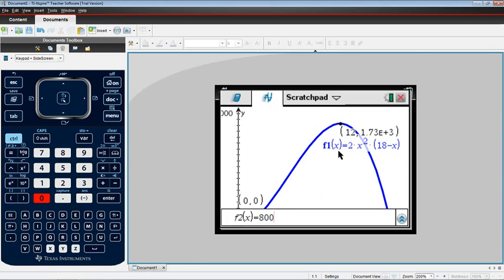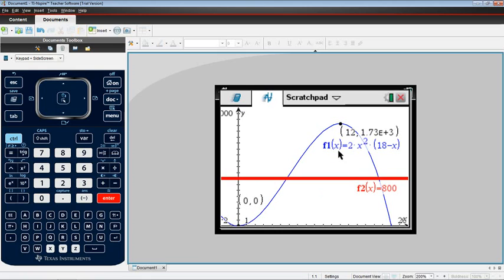The blue represents the volume at any particular value of x. What we're going to do, and this is something that you probably started doing in Algebra 1 or Algebra 2, we're going to graph another equation. We're going to graph the line y equals 800.